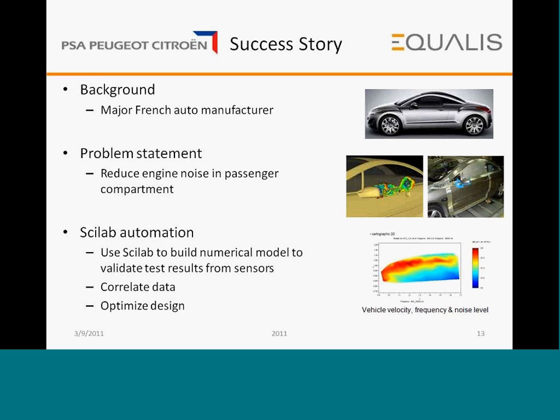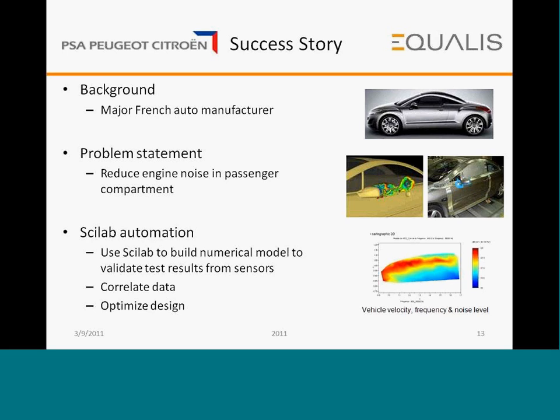To start with, Peugeot in France, they are an auto manufacturer and they make premium cars. So one of their problems that they wanted to solve was to reduce the engine noise in passenger compartments. So when you go to a showroom to pick a car, intuitively you would pick a car which is quieter. And the designers who are making these cars are continuously working on making the car quieter.